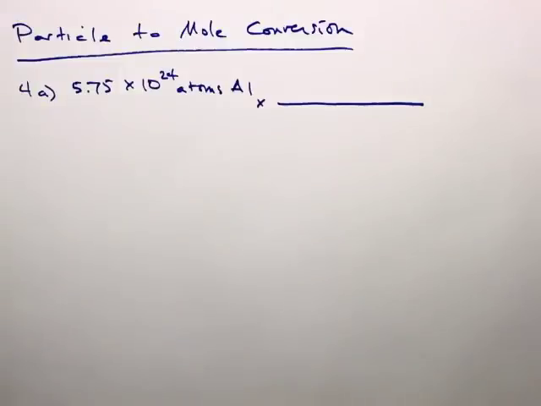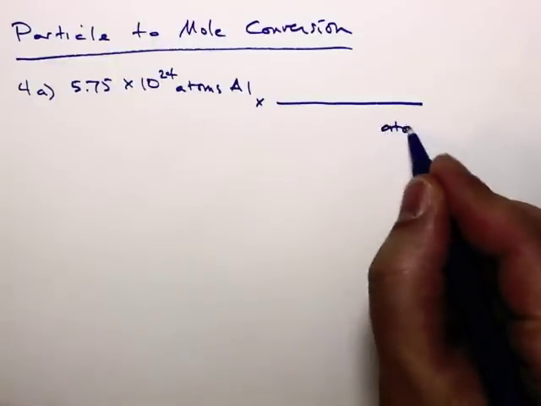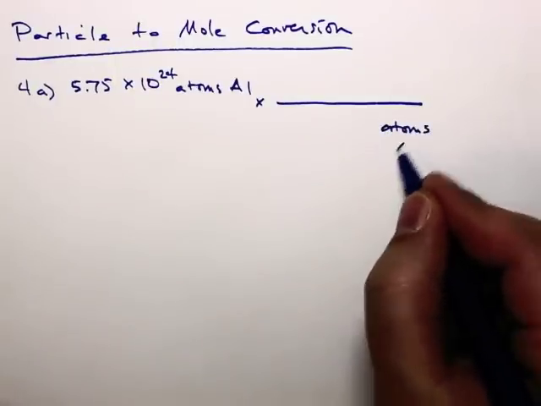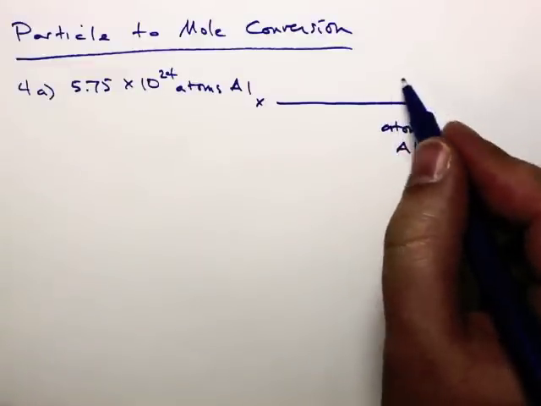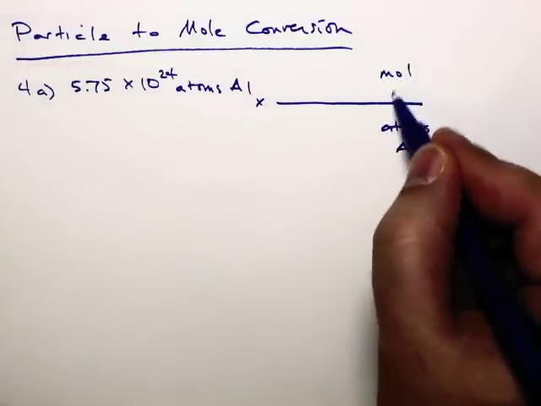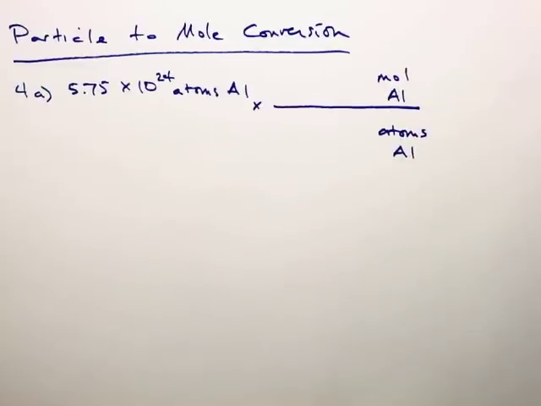What do you think I should put below the line? Just unit first. What unit should I put down there? Atoms of aluminum. Right. And you're actually correct about putting Avogadro's number there. That's what I was going to ask next. So what we have is atoms. What do we want in this problem? Mole. So I'm going to put MOL, AL on top, moles of aluminum.